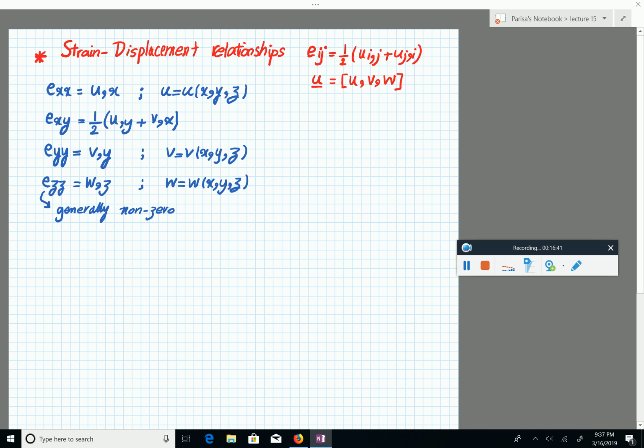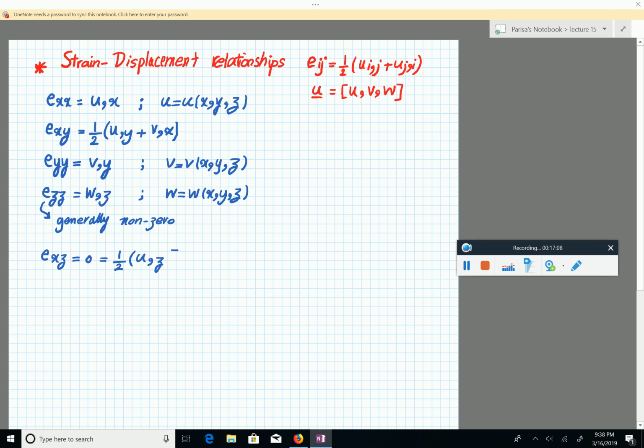But then the other two strain components which have z in them, we saw that they are 0. So Exz is 0. However, if we write it in terms of displacement, it is 1/2 u comma z plus w comma x.